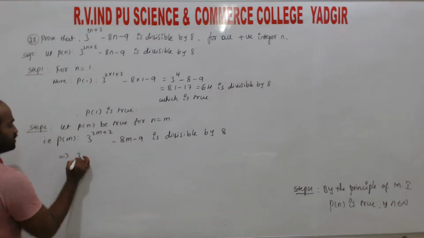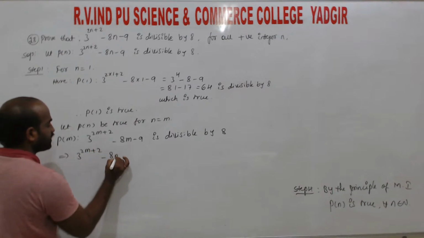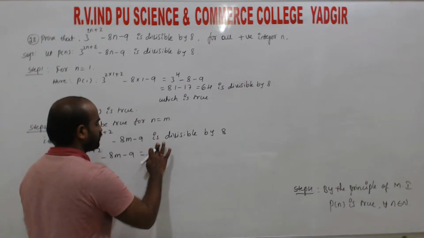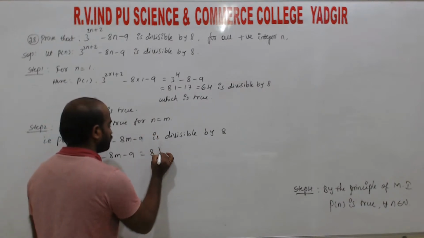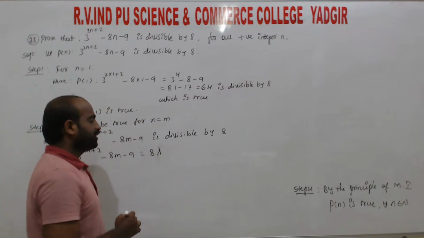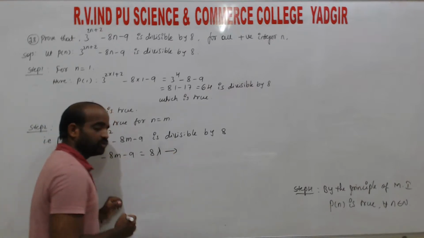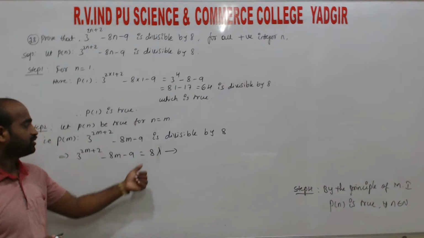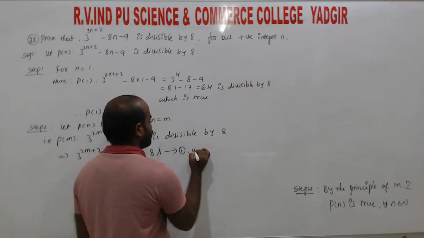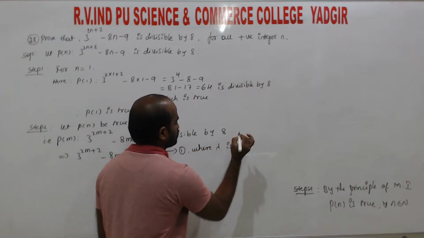This implies 3 to the power 2m plus 2 minus 8m minus 9 equals 8 lambda, where lambda is an integer.